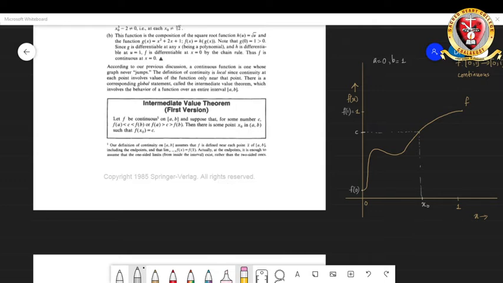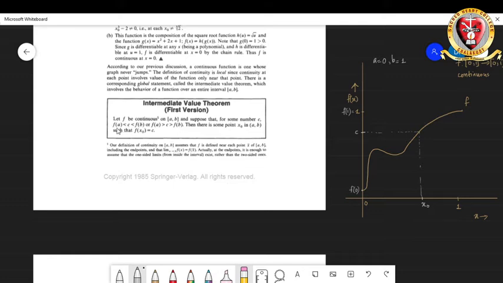Today's lecture will give you an outline of the intermediate value theorem, which is a very significant theorem when we deal with continuous functions. The statement says that suppose f is a continuous function on the closed interval [a, b] and c is a number lying between f of a and f of b.